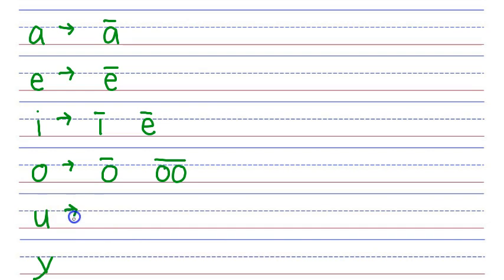And then U makes four sounds. Two of those sounds are long vowel sounds. U makes a long U sound, U. And, just like O, you can make a long double O sound, oo.